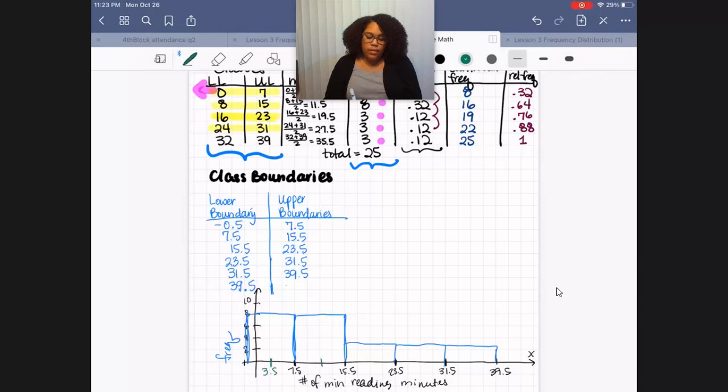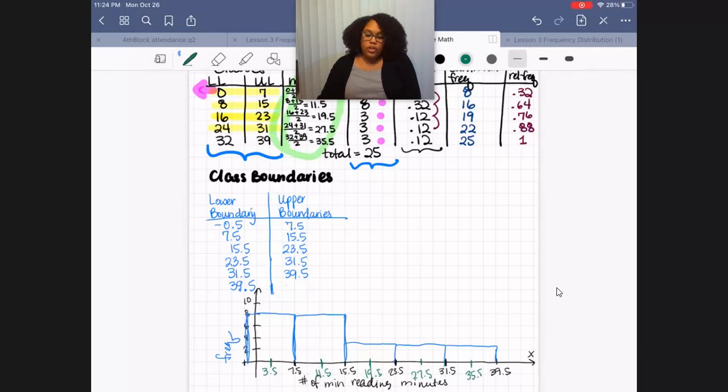Halfway between the 7.5 and the 15.5 would be the 11.5. So we've already done all of the work up here when we calculated midpoints, so I'm just going off of the same values. Then the midpoint of this next class between 15.5 and 23.5 will be our 19.5. Halfway between here will be our 27.5. And then halfway between here will be our 35.5.